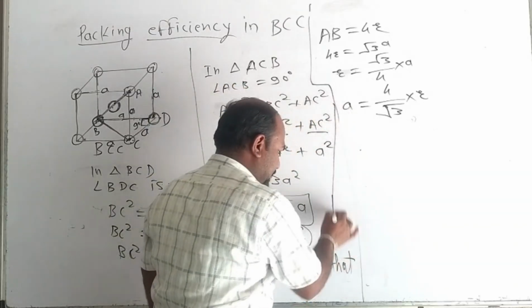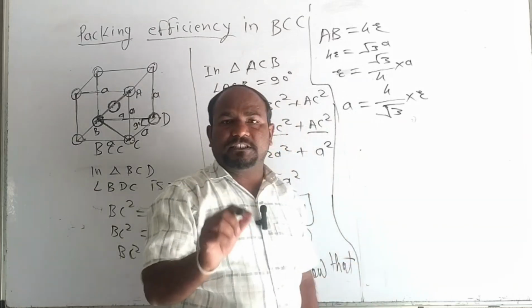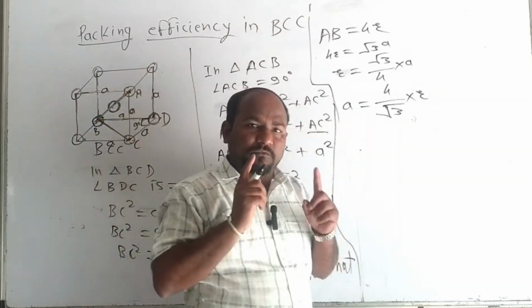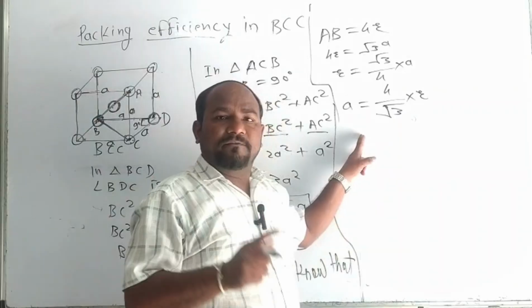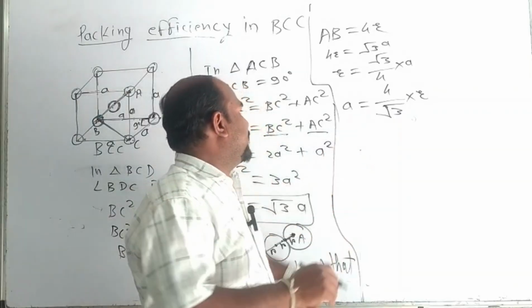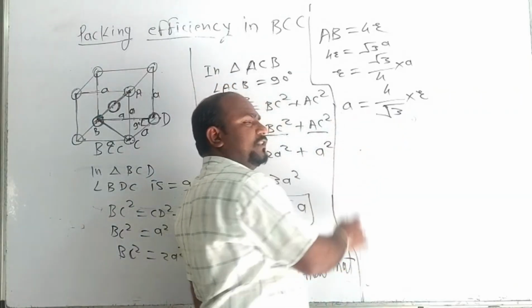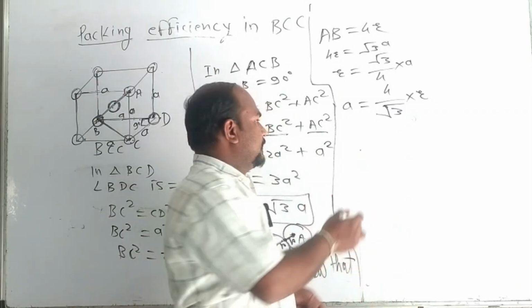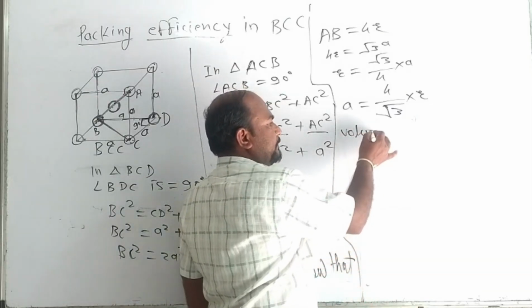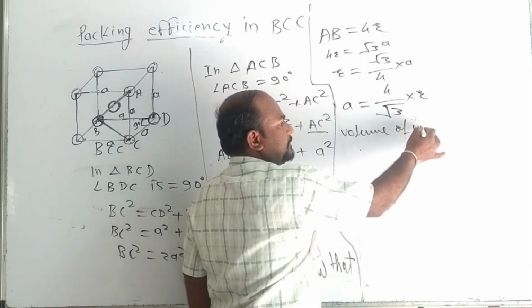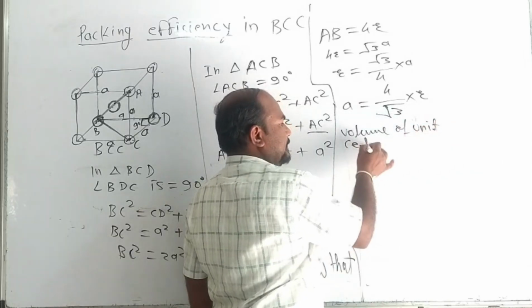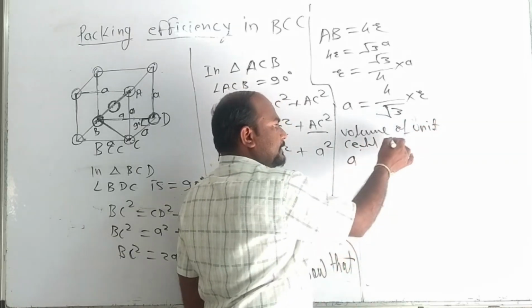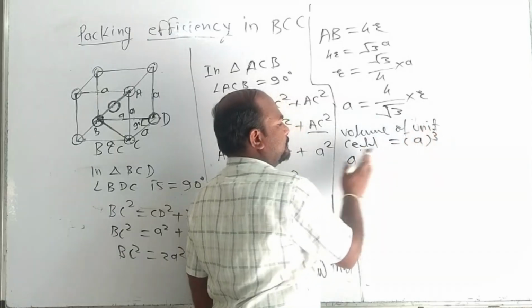volume of unit cell, because for calculation of packing efficiency we must know the volume of unit cell. So how can we find volume? We know that the volume of cube is edge length cube. Now volume of unit cell is equal to A cube.